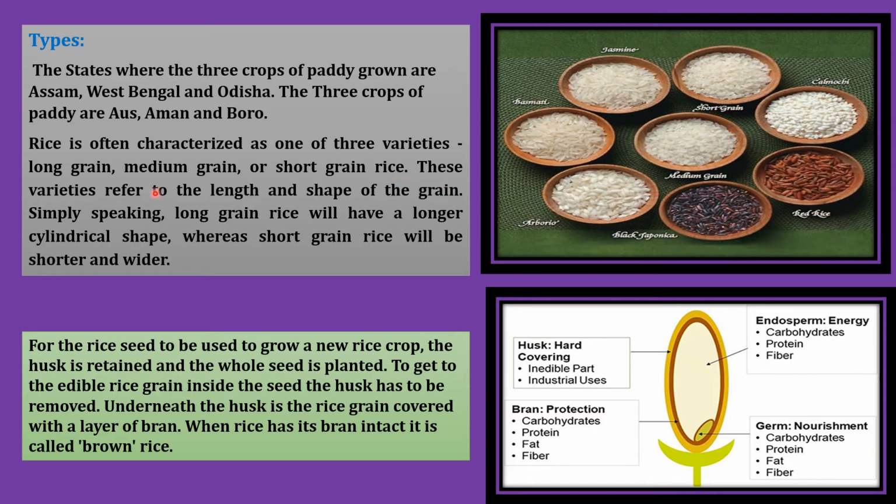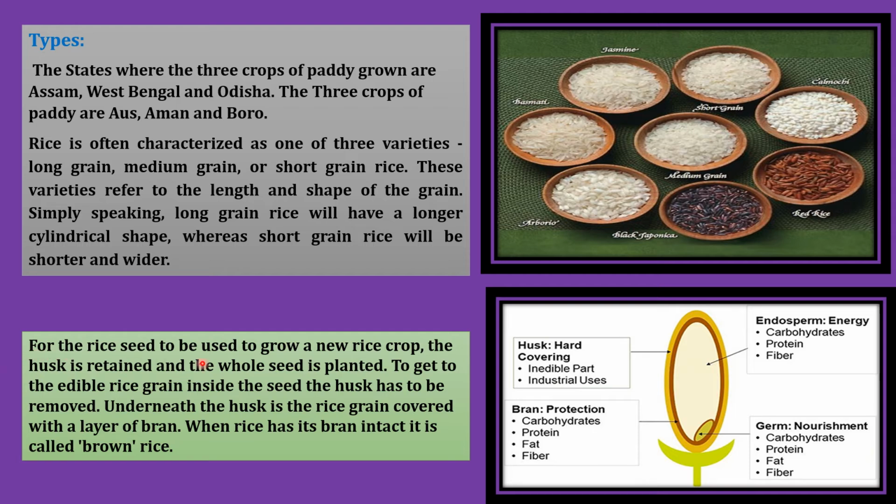These varieties refer to the length and shape of the grain. Simply speaking, long grain rice will have a longer cylindrical shape, whereas short grain rice will be shorter and wider. You can see this picture, the types of rice.